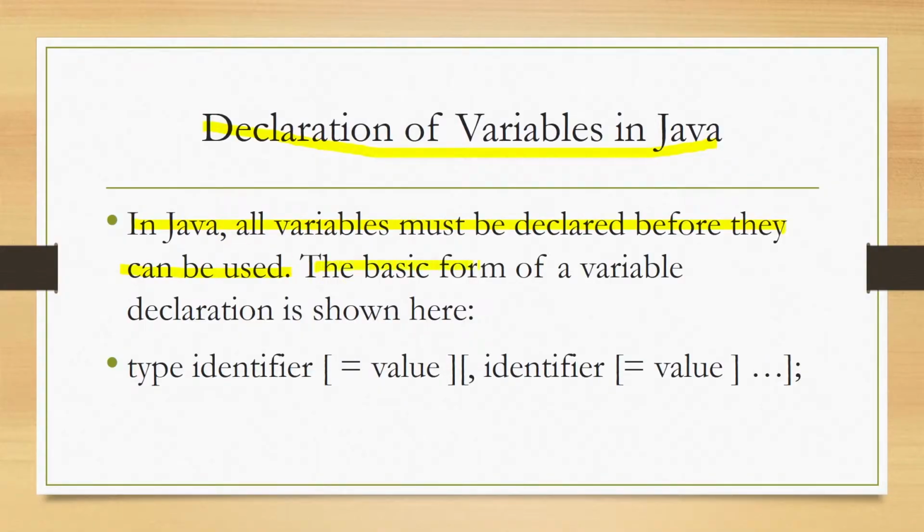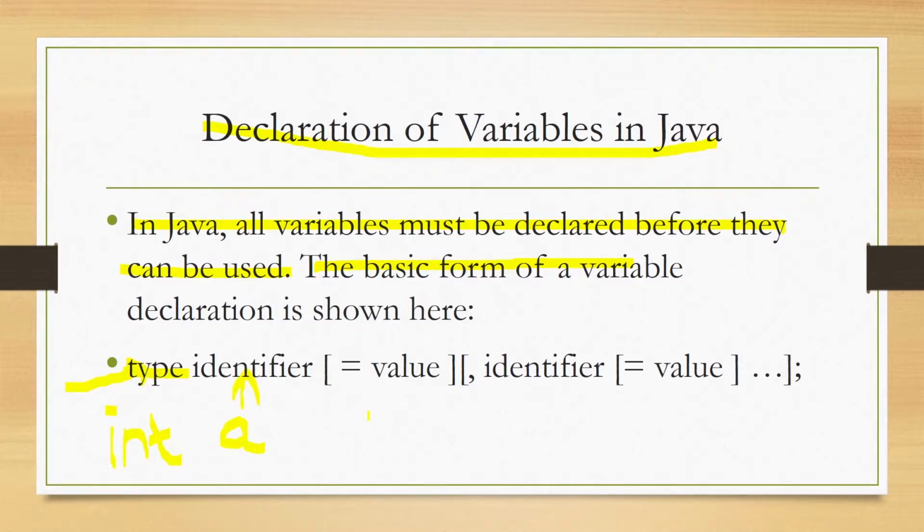The basic form of variable declaration is shown here. First, the type. This type could be what we saw, int. When we declared a variable, we wrote int. So this int is a type. Then we saw the identifier. We wrote int a, so this a is our identifier.